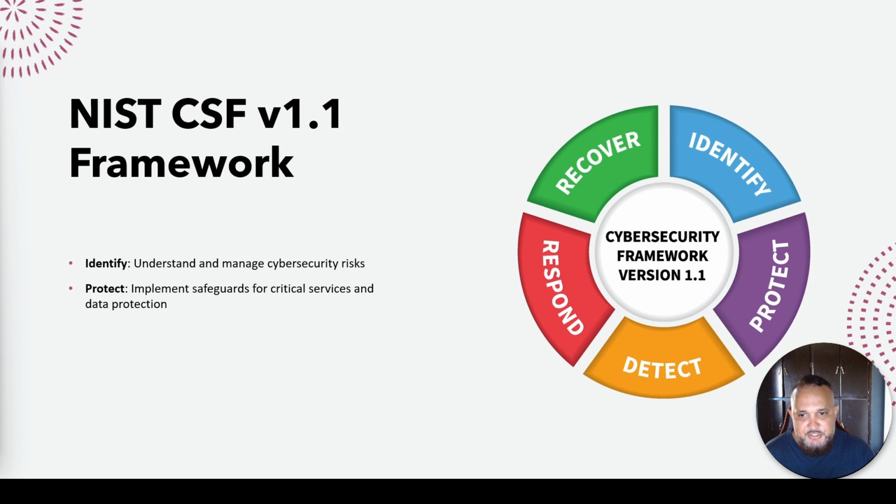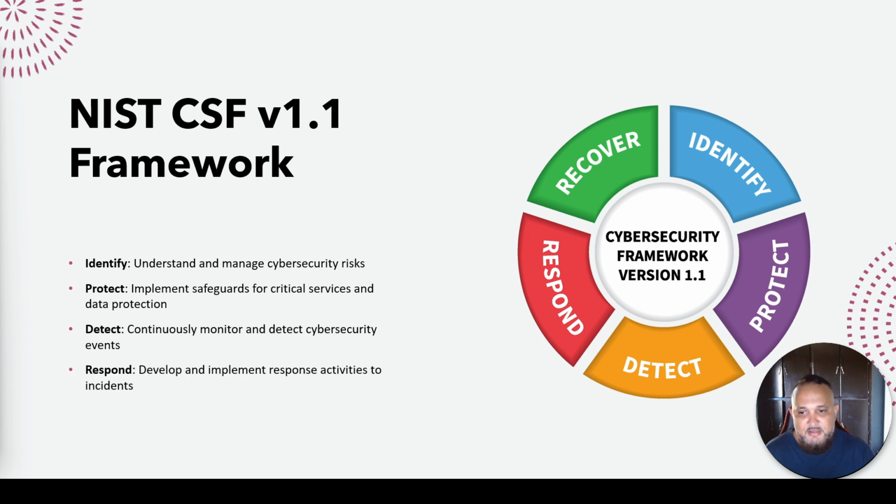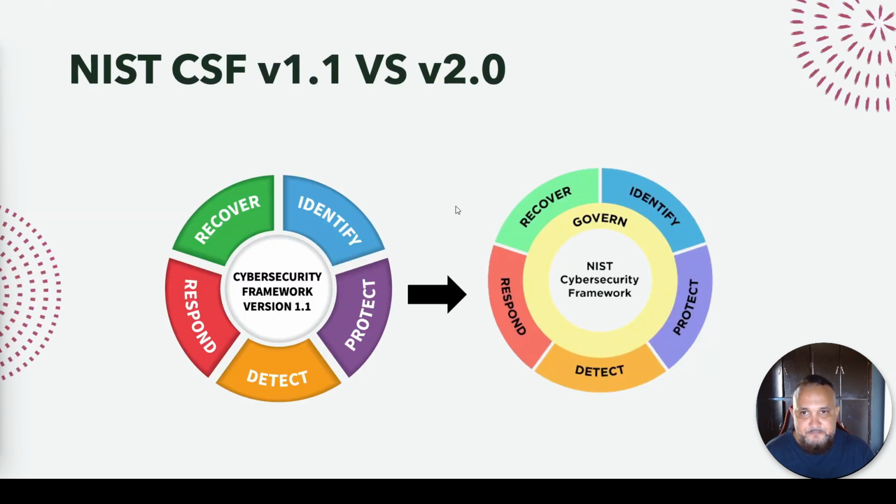The protect function helps to implement safeguards for critical services and data protection. Detect is where we continuously monitor and detect cybersecurity events. Respond allows us to develop and implement response activities to incidents. And recover is where we discuss restoring capabilities and improving resilience after incidents. So these are the 5 functions of the 1.1 framework.